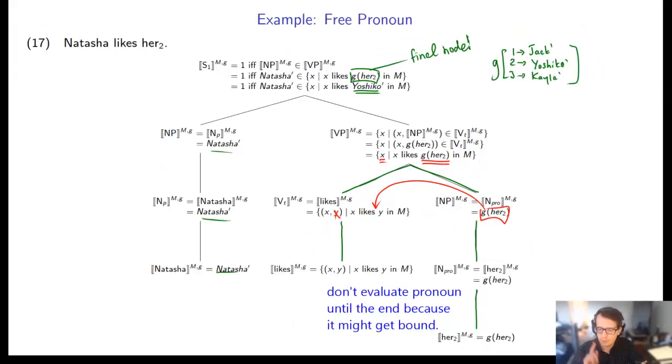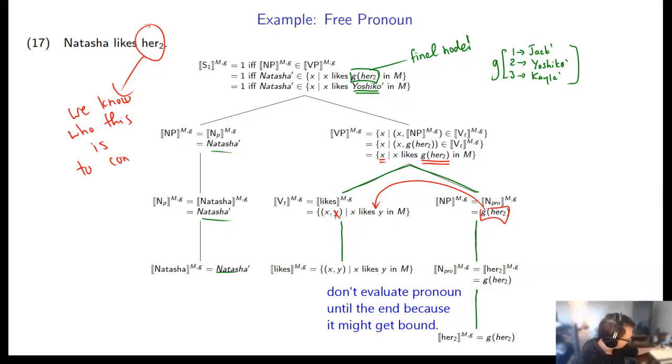This is more informative than just saying Natasha likes her, because now we know specifically who her is. If we want to know when the sentence is true, we have to ask, does Natasha like Yoshiko? We know who this is to confirm truth.